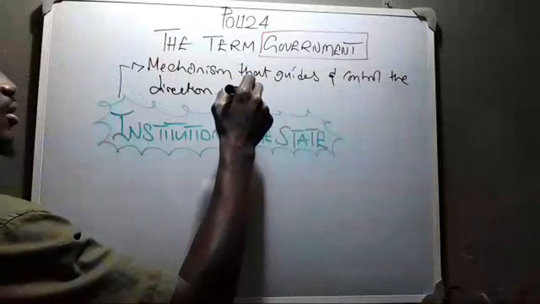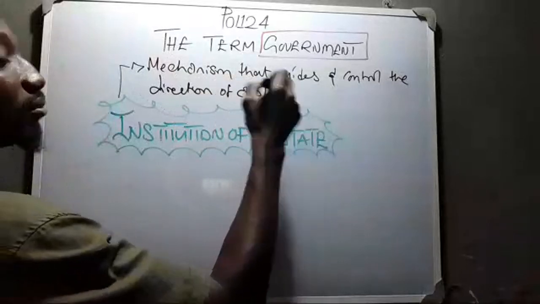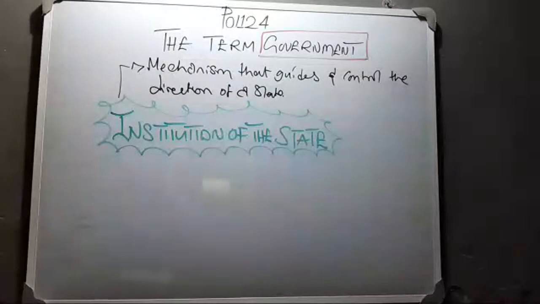There are institutions, ministries, parastatals, and agencies that are responsible for the administration of the state.